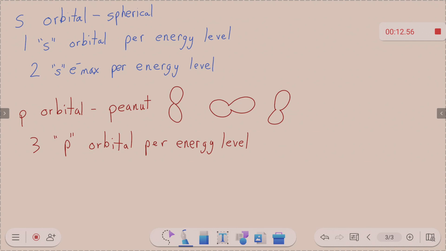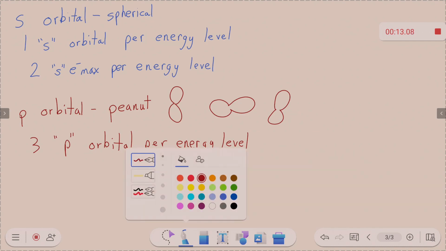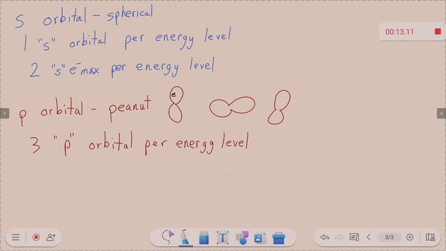But let's take a look. We know from before that any one singular orbital can have a maximum of 2 electrons in here. So if we take a look at this orbital that is vertical, we could have an electron in each lobe, if you will. They don't have to stay in the different lobes of that, but this could have 2 electrons.